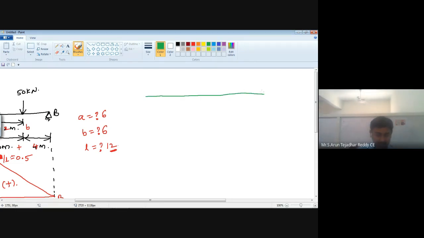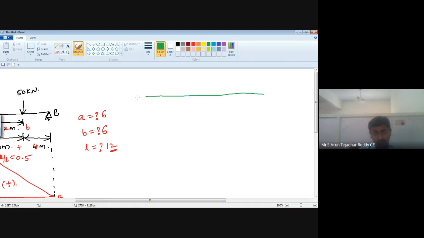See, in this ILD, you should draw the number of diagrams. Then only you will get marks. Otherwise, you won't get good marks. So in ILD, we can draw a number of influence line diagrams here.